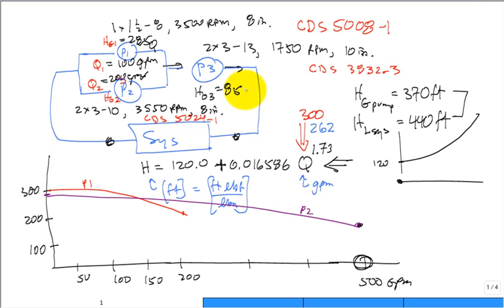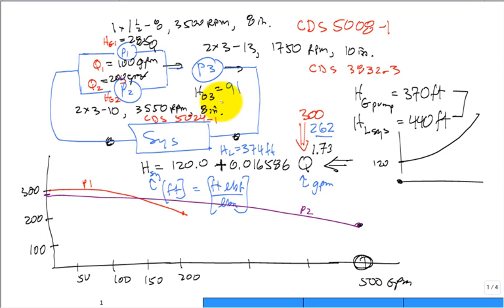and the total flow is 262, we know the head drop of the system. The head drop of the system is 374. So this head loss is 374 foot. Just use that equation, plug in 262 for Q. And now I know that the head gain is not 85, but it's 91.